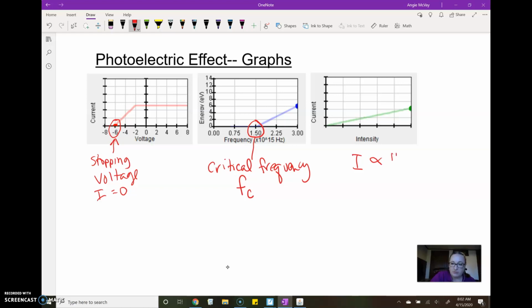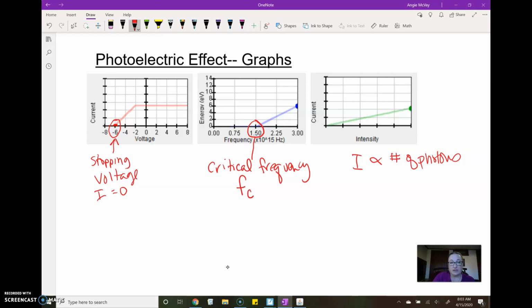So current was proportional to the intensity of light, which is the number of photons. Okay, so we're seeing that some pretty surprising things happen. And we're seeing that we get more electrons emitted from the target material if there are more photons of light hitting that target material. It's almost like there are collisions going on.